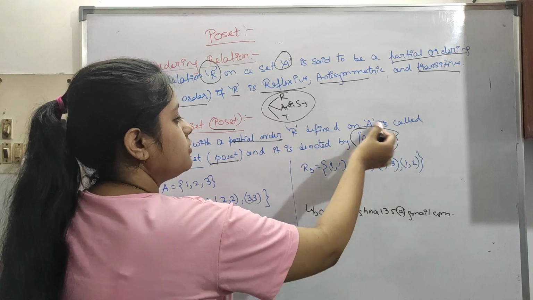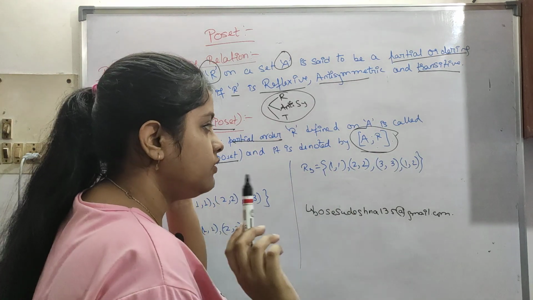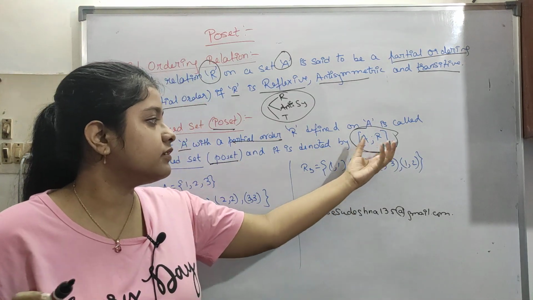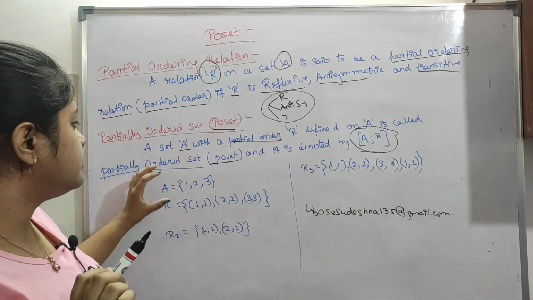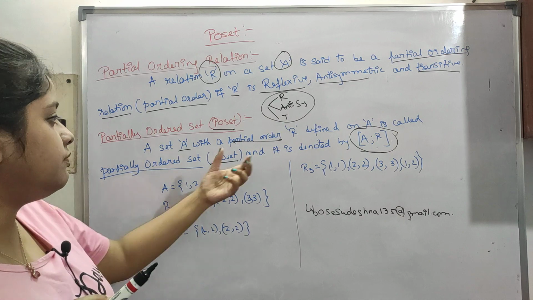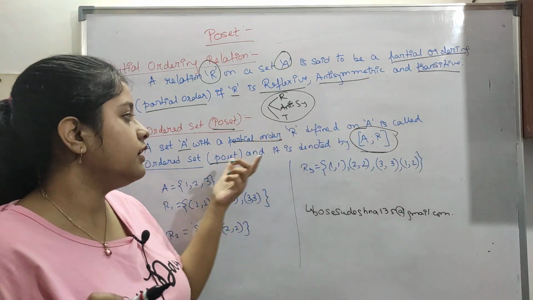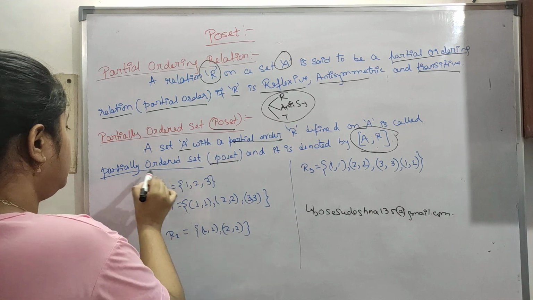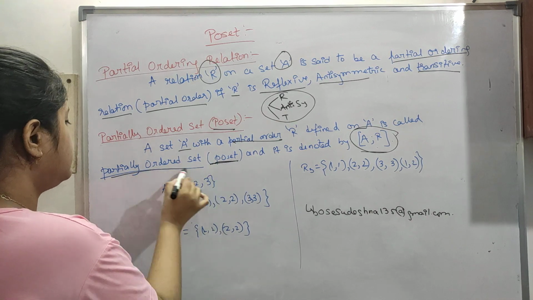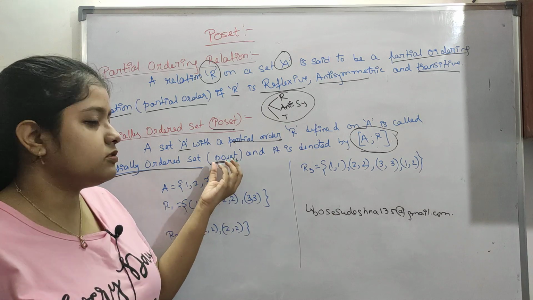This is just the notation, and we will do questions where this notation is asked. If a partial order R defined on a set A is present, this is called a partially ordered set, or poset.